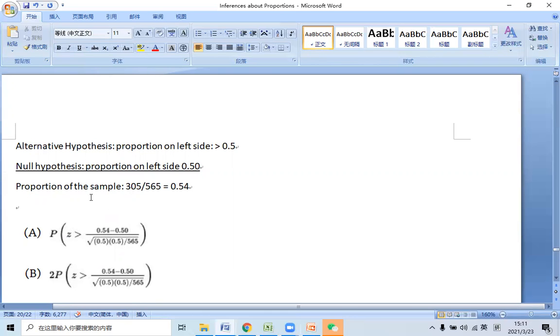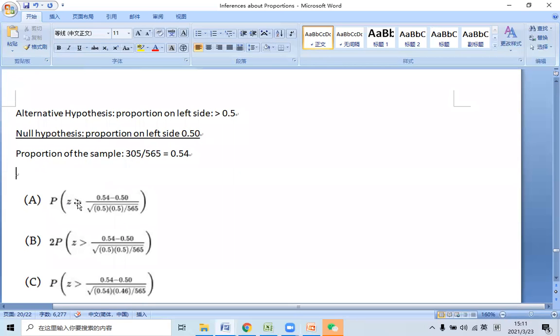And you want a z-score. What kind of z-score are you going to get? Let's look at this one. The z-score is a deviation divided by the standard deviation.